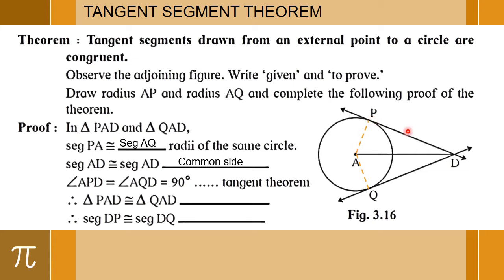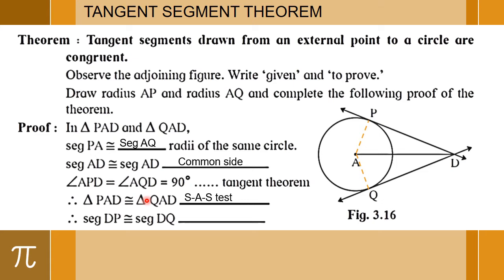So that's why angle APD and angle AQD are equal, and they are each 90 degrees by the tangent theorem. Okay, so in these two triangles we got two pairs of corresponding sides congruent and one pair of angles congruent. That means these two triangles are congruent by SAS test. Two sets of sides and one set of angles.